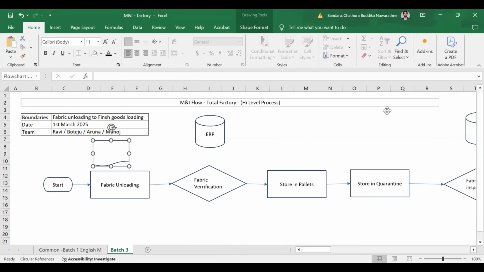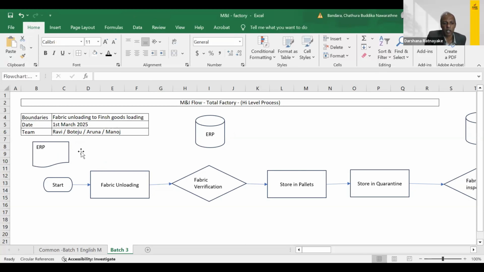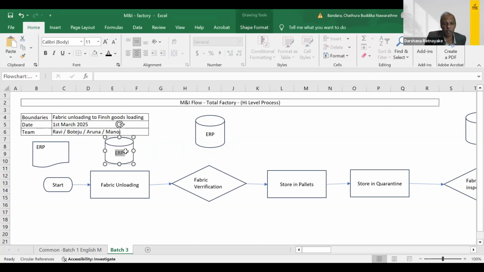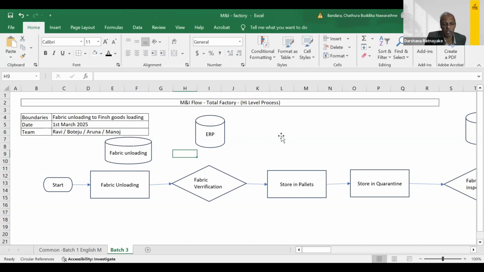We enter into the system. What do you call it? ERP. ERP is the system. In ERP, what report do you refer to? The fabric unloading report, that's what we need to write. In that bucket, it's ERP, a computer system, and in it we use this fabric report, unloading report. Okay, good.